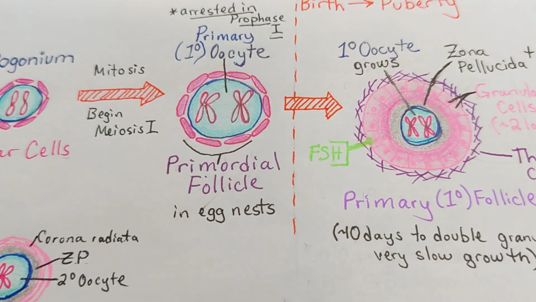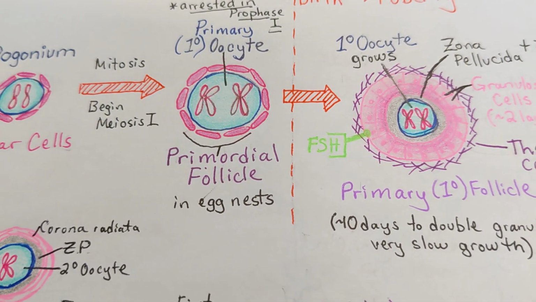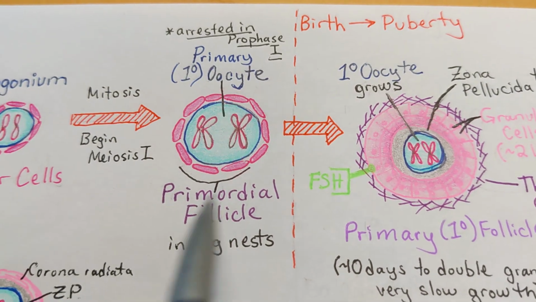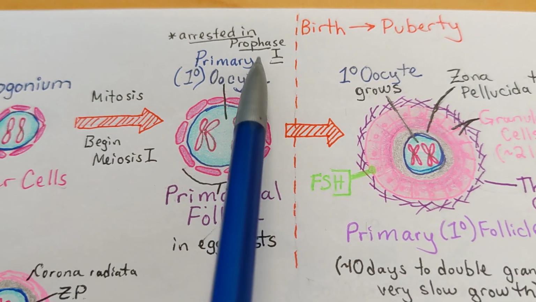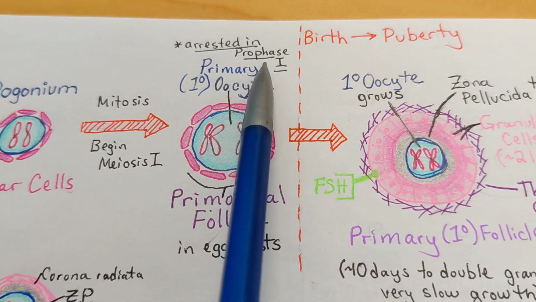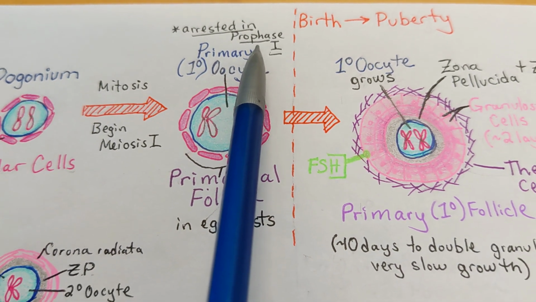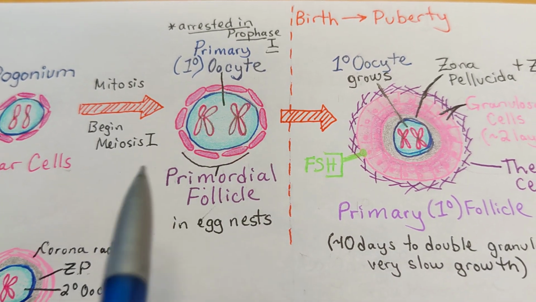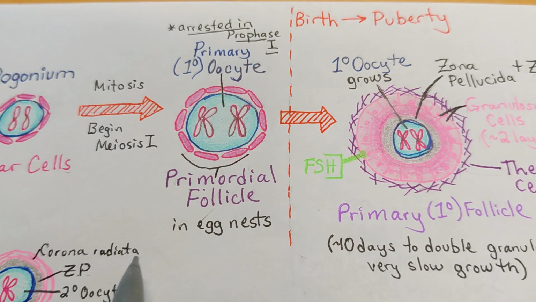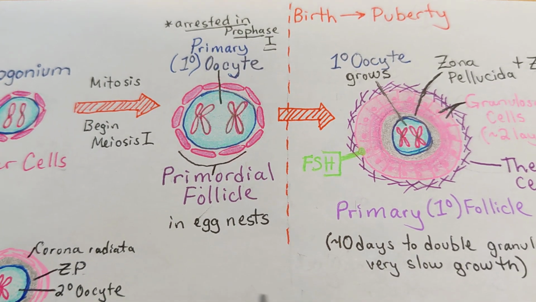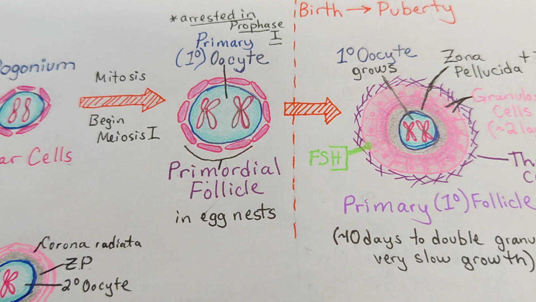Essentially, the DNA has been synthesized, and this cell is going to stop meiosis in prophase 1. Again, this is super different from males in that once males start meiosis, they complete the meiotic process.